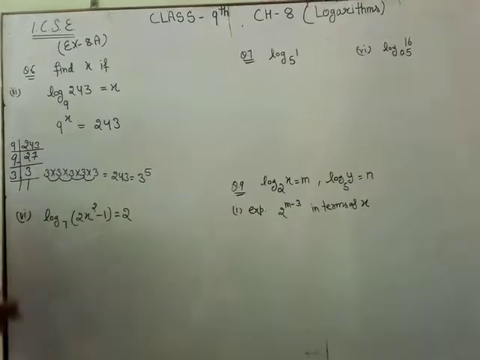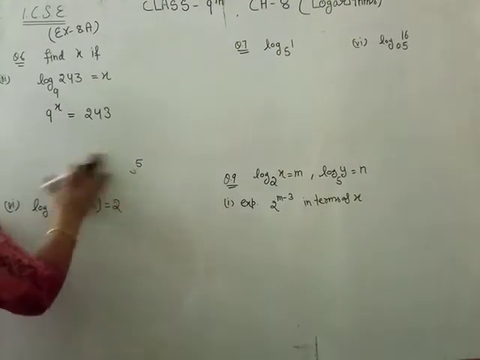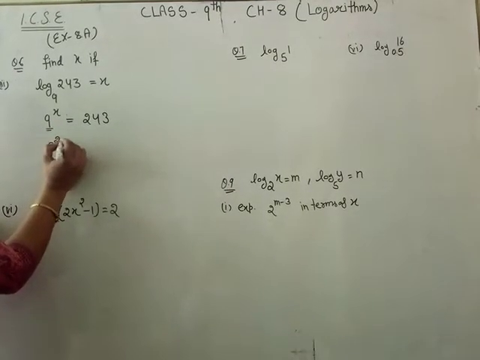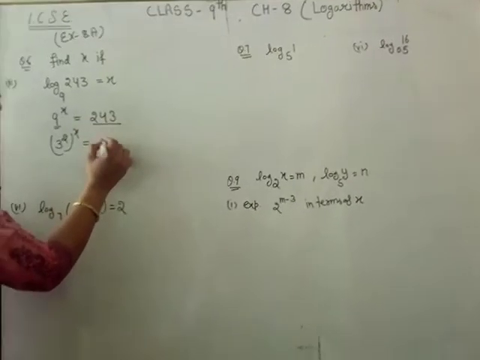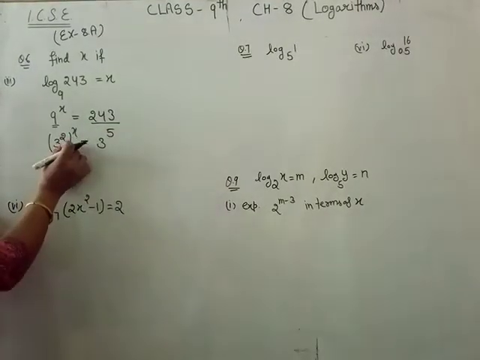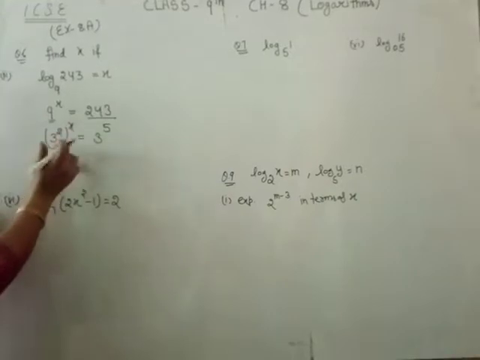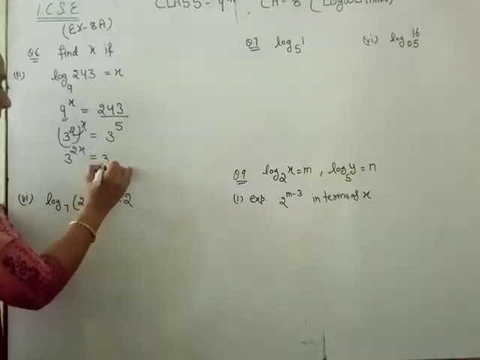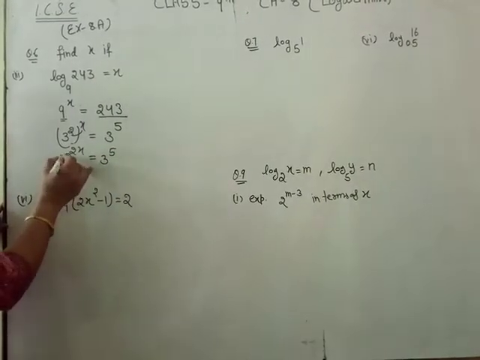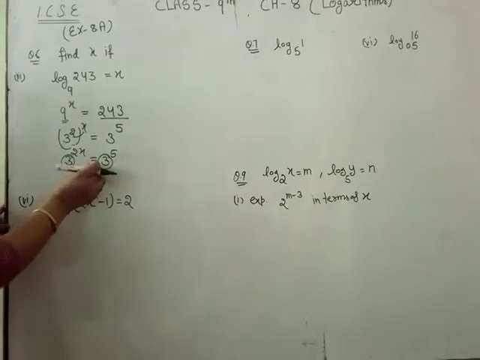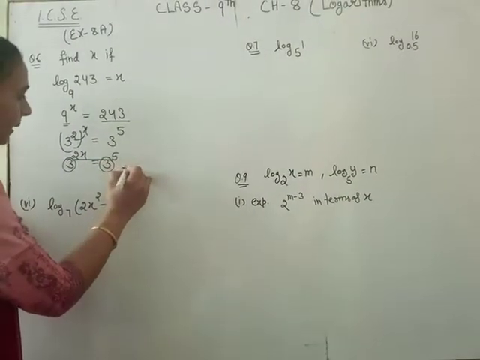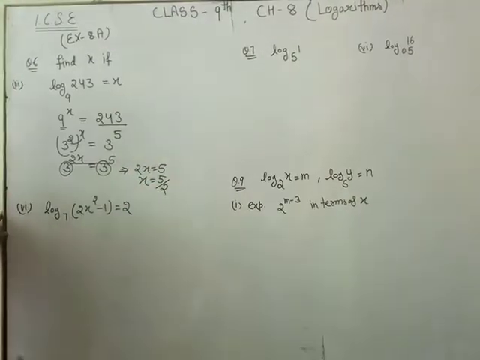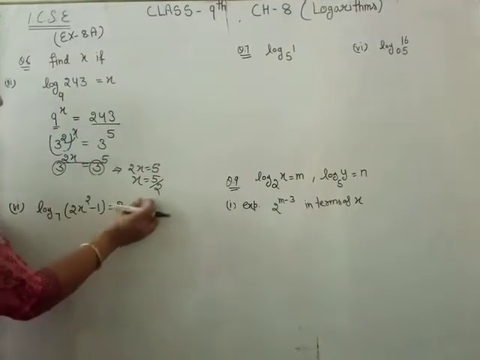Okay student, so we write 9 as 3 raised to the power 2, so 9 raised to the power x is 3 raised to the power 2x, and 243 is 3 raised to the power 5. If power to power, then according to the power law, the powers should be multiplied, so 3 raised to the power 2x equals 3 raised to the power 5. Student, if bases are the same and equal, then powers are also the same, that means 2x equal to 5, then the value of x equals 5 by 2.